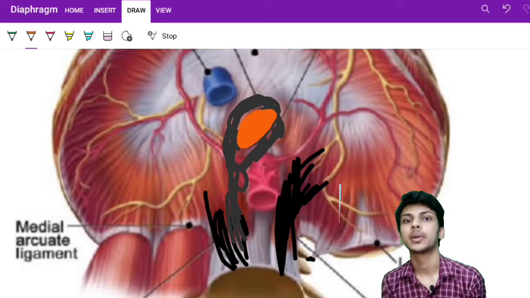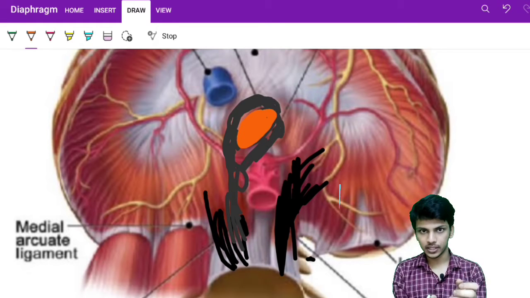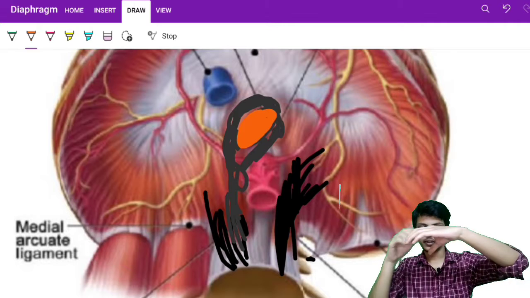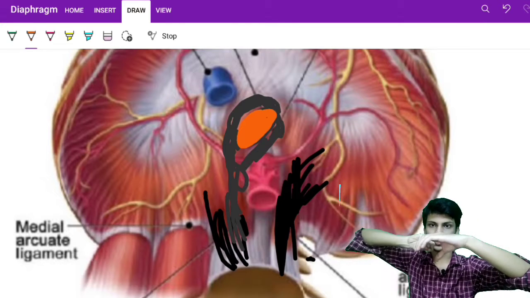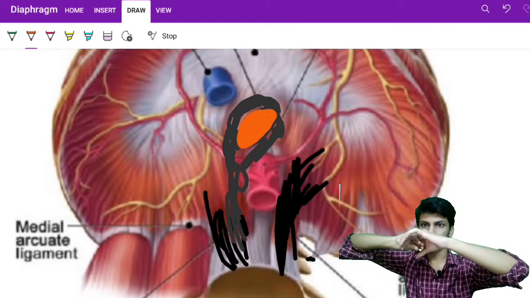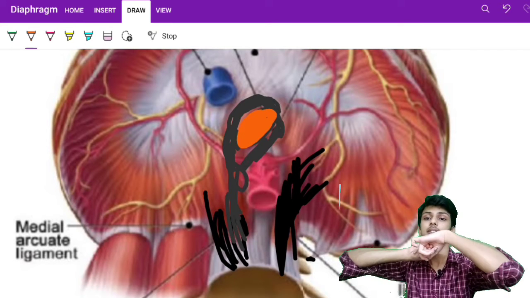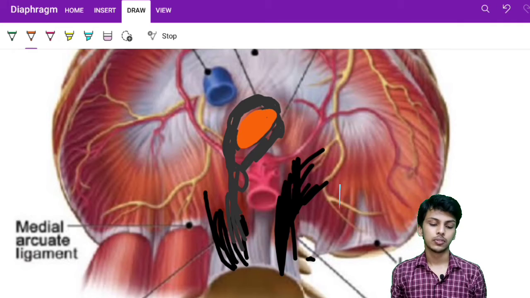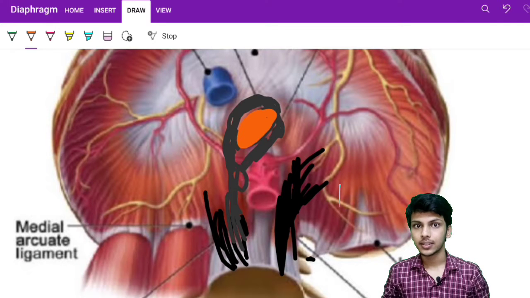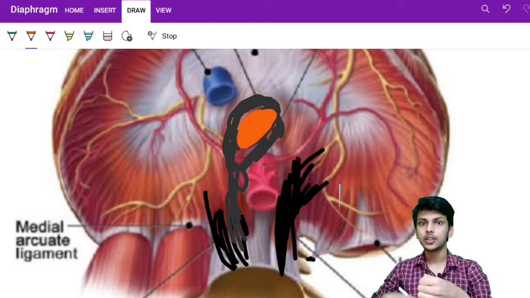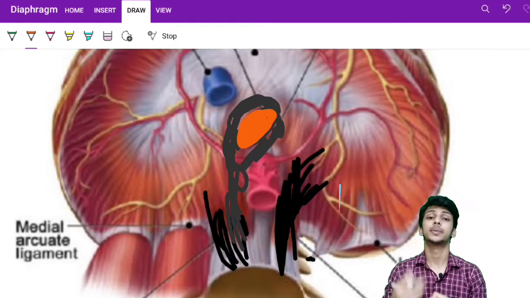So what do you think can happen? When a muscle contracts, its fibers get shortened, right? If this is the esophagus inside, and it contracts, it closes the esophageal opening. So whenever you are breathing, it constricts the sphincter and the stomach content wouldn't regurgitate.